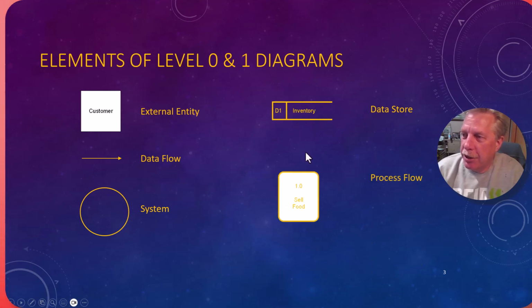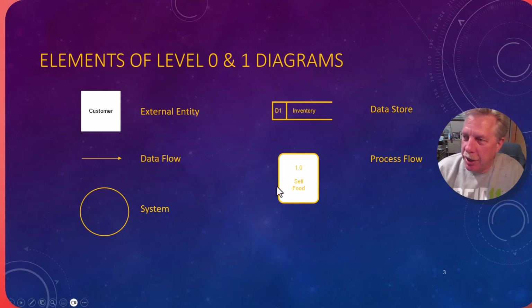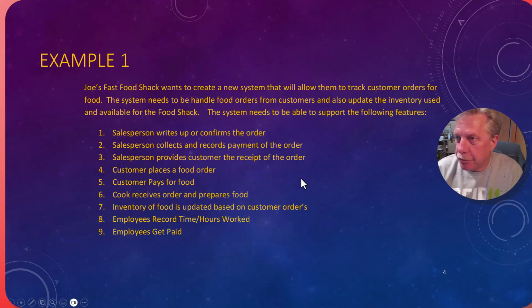It looks like this. And then we also have another one for process flow. Notice it has these rounded corners. There are different styles depending on the tool that you're using. I use Visio, and that's the style that we have here. And again, that's a process flow indicating that there's some business function that's being performed here.